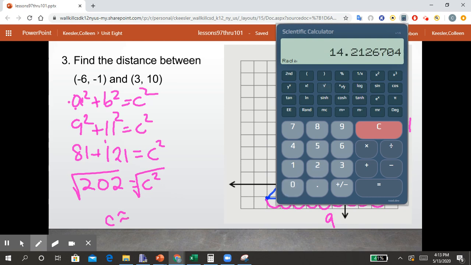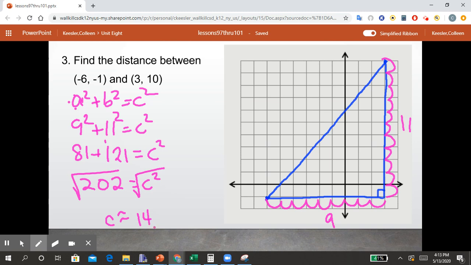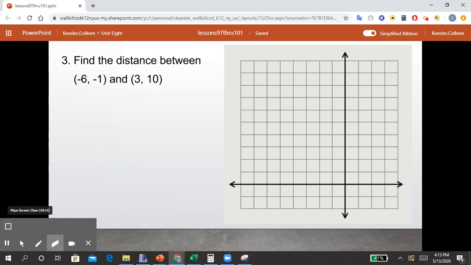And we get 14.2. So c is approximately 14.2 units in this case. All right, so this is pretty easy stuff. Hopefully you're catching on. The hardest part is just making sure you're counting those lengths of the legs carefully when you're measuring. All right, so let's try another.